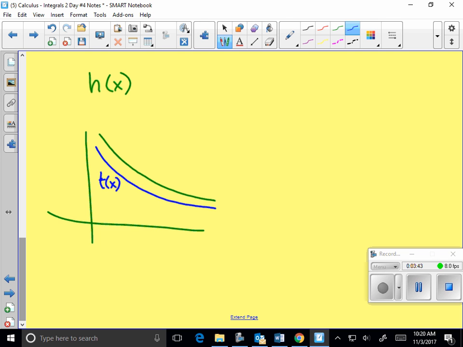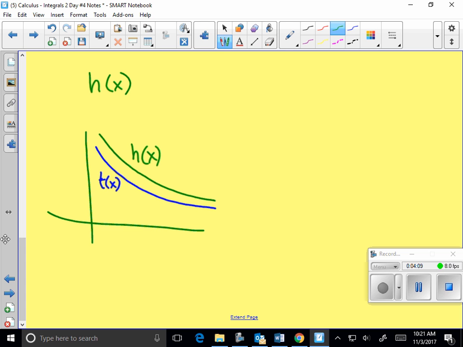If I could prove that t of x was divergent, I could show that h of x is also divergent. Say again? How or what related? I'm about to show you. I'm just giving you a visual sense of what's going to happen here. So if h of x is always greater, the output of h of x is always greater than t of x, and t of x diverges, then h of x also must diverge.